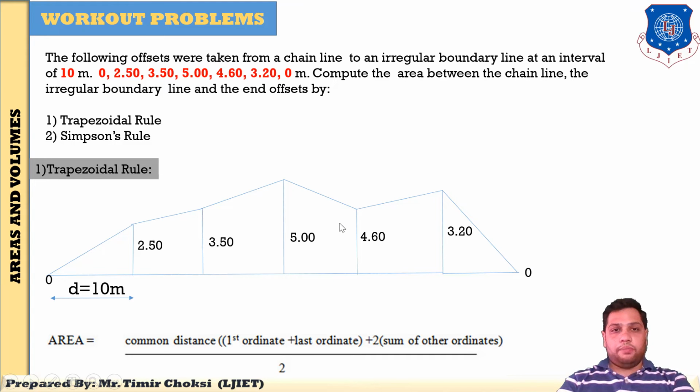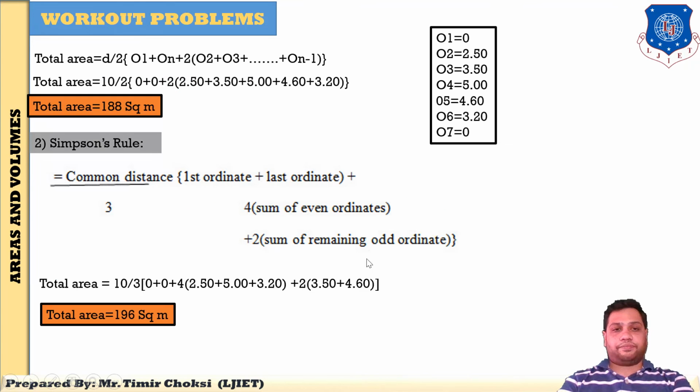So this example is not an issue. First you find the area from the trapezoidal rule: common distance in bracket, first ordinate plus last ordinate, plus 2 in bracket sum of the other ordinates. Here O1, O2, O3, O4, O5, O6, O7 are given.